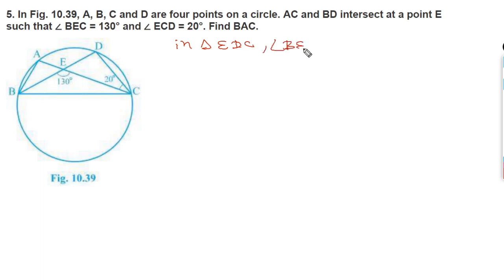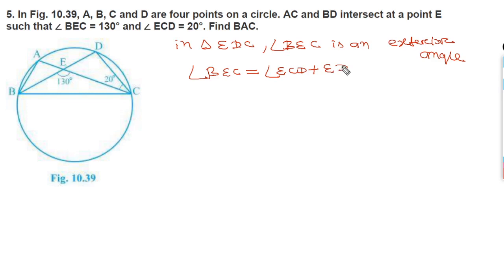Therefore, angle BEC is equal to the sum of the interior opposite angles. That means angle ECD plus angle EDC. You know the measure of angle BEC is 130 degrees, equal to angle ECD.